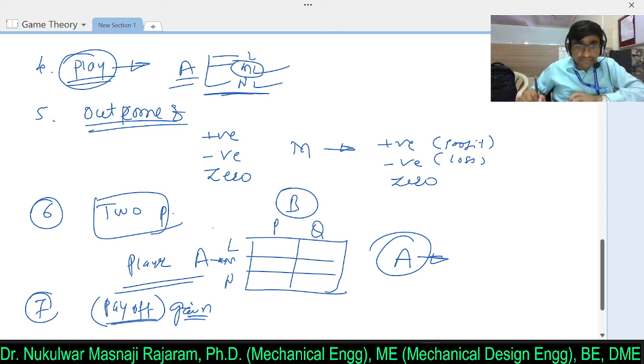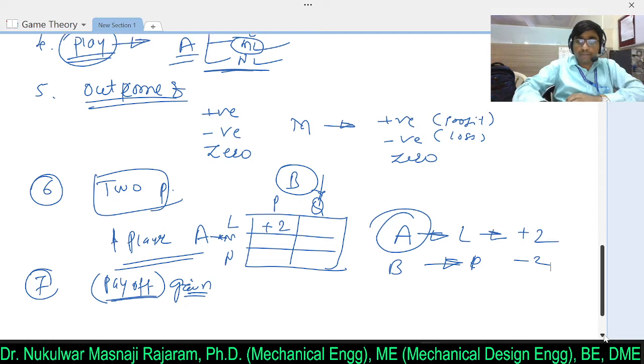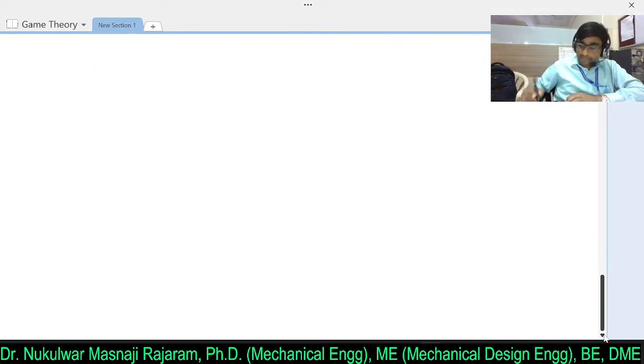Suppose I write +2 here. Now I am considering A the winner and B the loser. So A knows that if he plays the L strategy, he will get +2, and B, with the P strategy, will lose rupees 2. Clear. So this is known to both players.